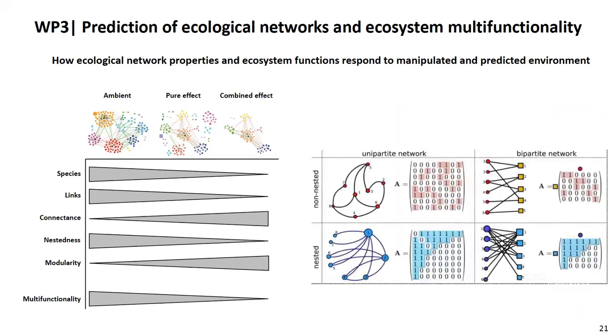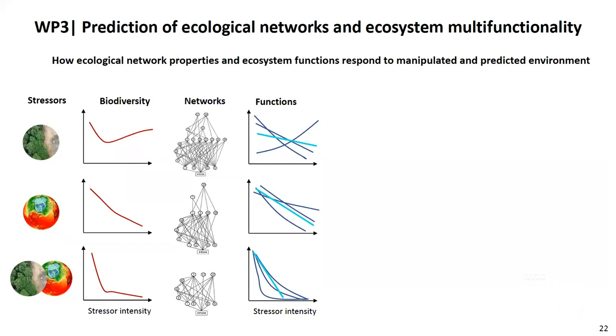And we also assess the nestedness and modularity, which give us an idea of the structure of the network, which can be either modular or nested. And finally, we will also calculate the multifunctionality, which is the ability of an ecosystem to maintain different ecosystem functions simultaneously.